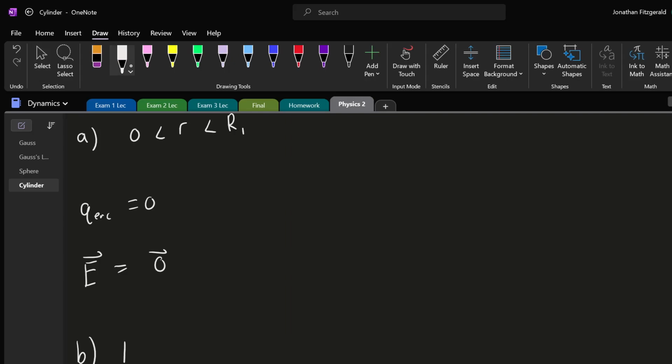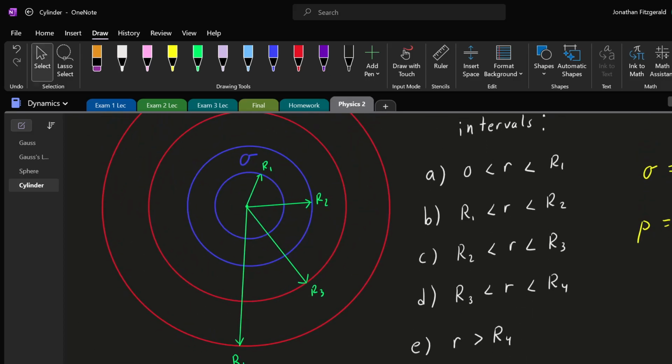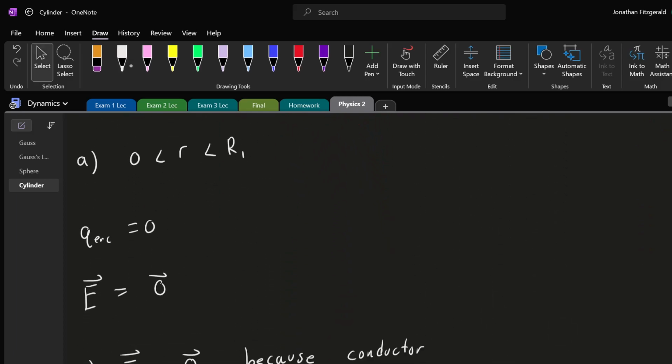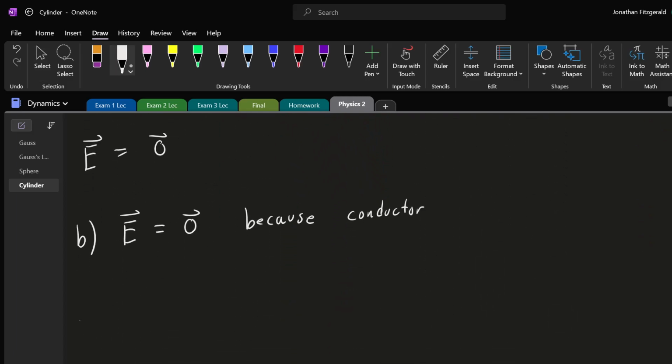So this one, again, electric field equals the 0 vector because it's a conductor. Nice. If the interval is ever inside a conductor, it's always 0. Now we can get to the real parts of the problem.